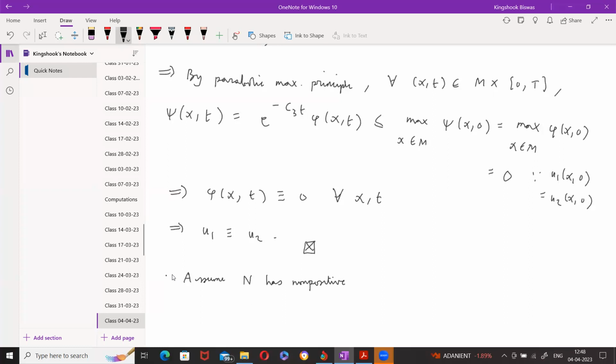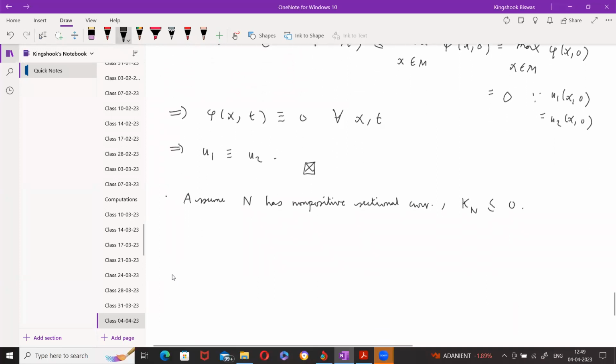So under this assumption, we'll show that solutions are defined for all time. So the sectional curvature of N is less than or equal to 0. This is the key assumption.